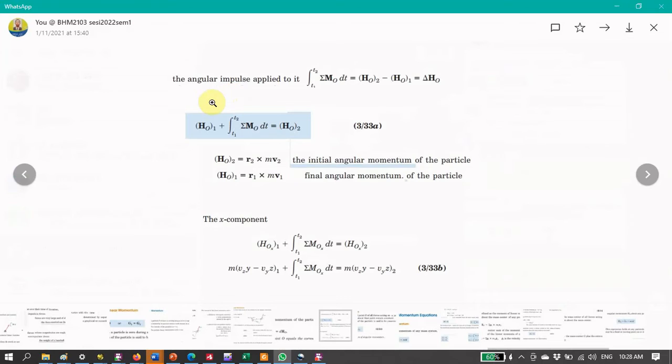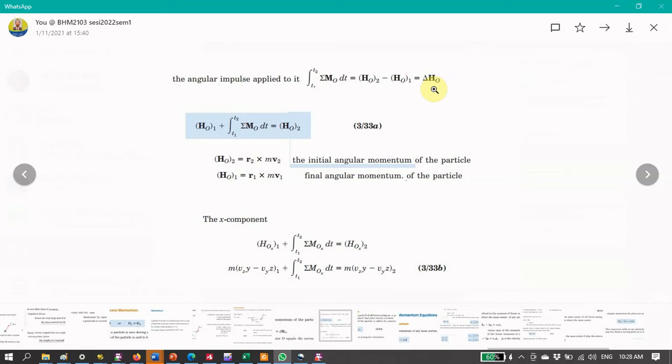Now when we consider the integration, we are looking at the integration of the total angular impulse with the initial and final angular momentum of the particles. We have limits there: the force is applied during T1 and T2, within that duration.